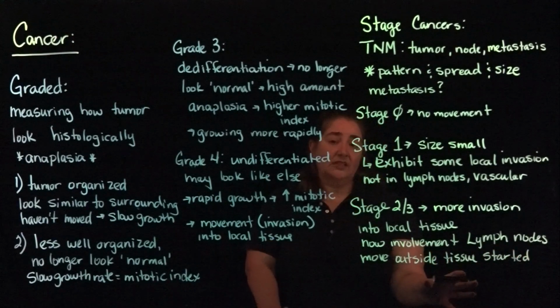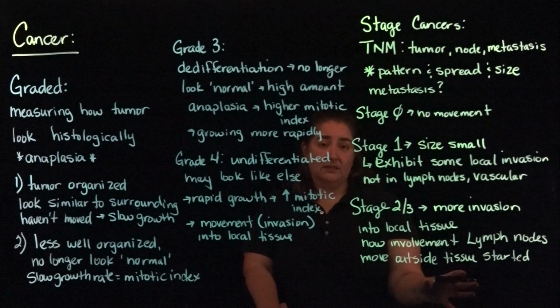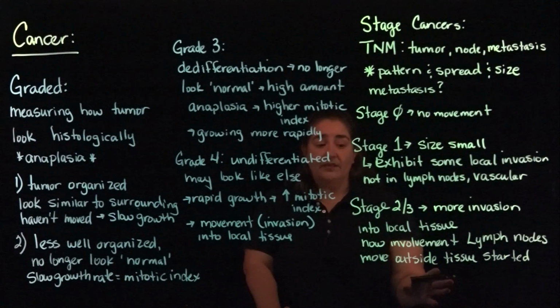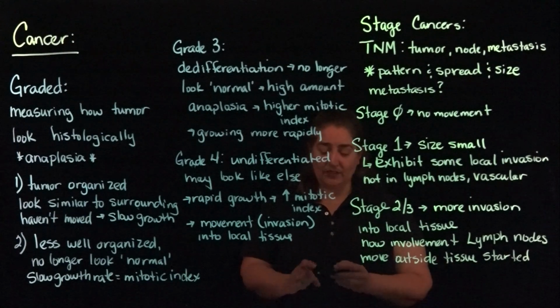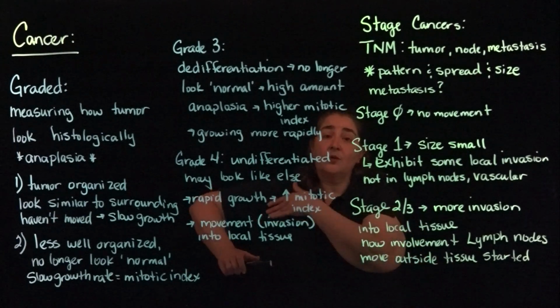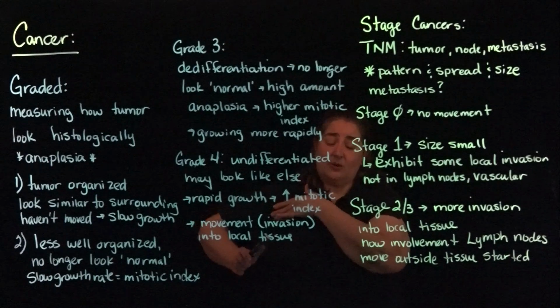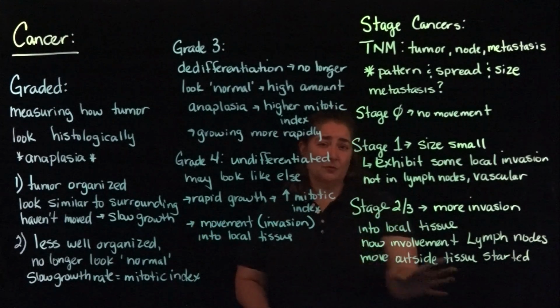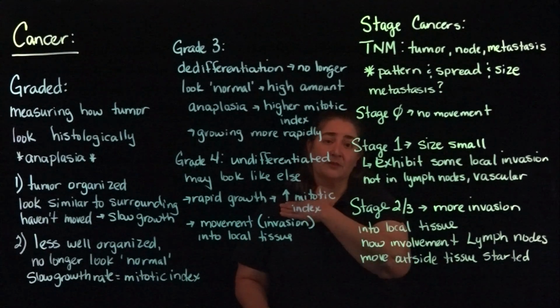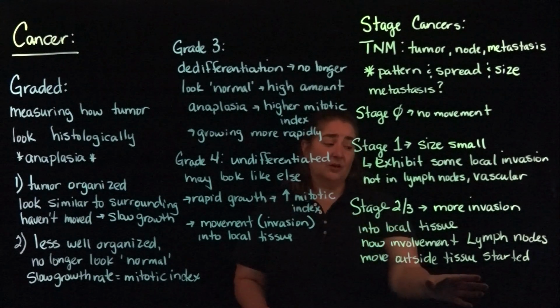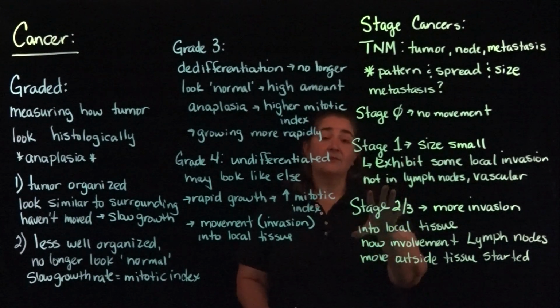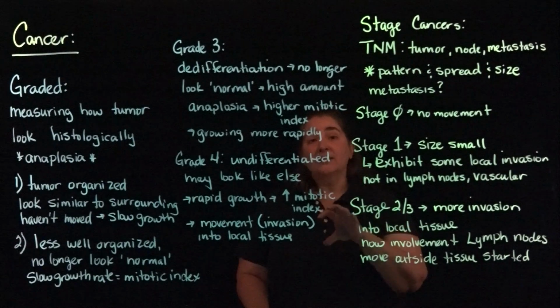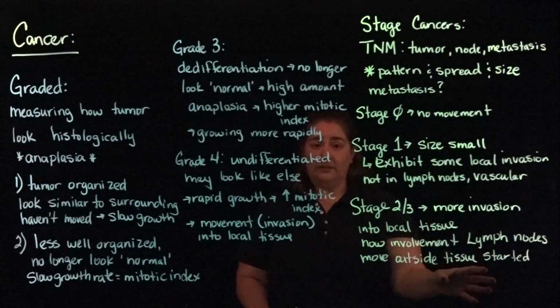Okay? So in this case, if we continue to use breast cancer as the example, that tumor has moved into the lymph nodes. Typically, with breast cancer, the lymph nodes it's going to move to are those in the axillary region and the armpit, okay? Which is why when individuals who have tumors removed inside the breast typically also have some of the lymph nodes removed from the armpit, they're looking to see if they see breast cells in the lymph node.